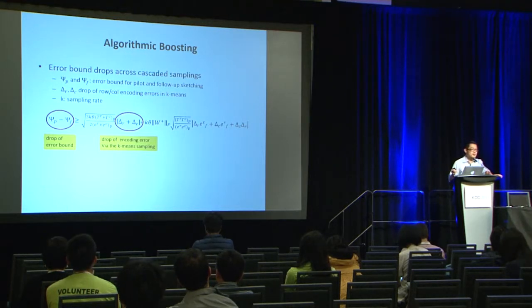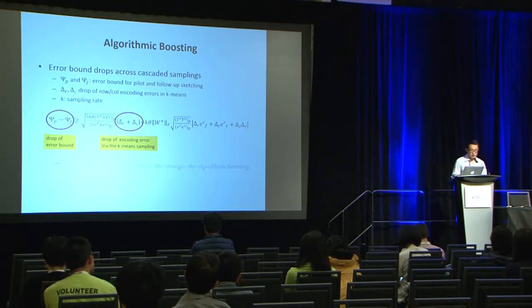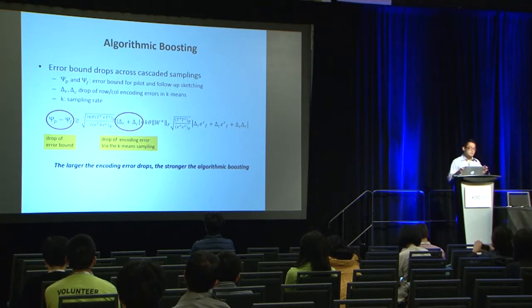Remember that we are performing k-means clustering, and it can reduce the encoding errors. The higher the drop of the encoding errors, the higher the algorithmic boosting. So we call this algorithm boosting because by cascading two very simple linear cost sampling routines, we are actually having a much more accurate solution which can rival the quality of quadratic cost algorithms.